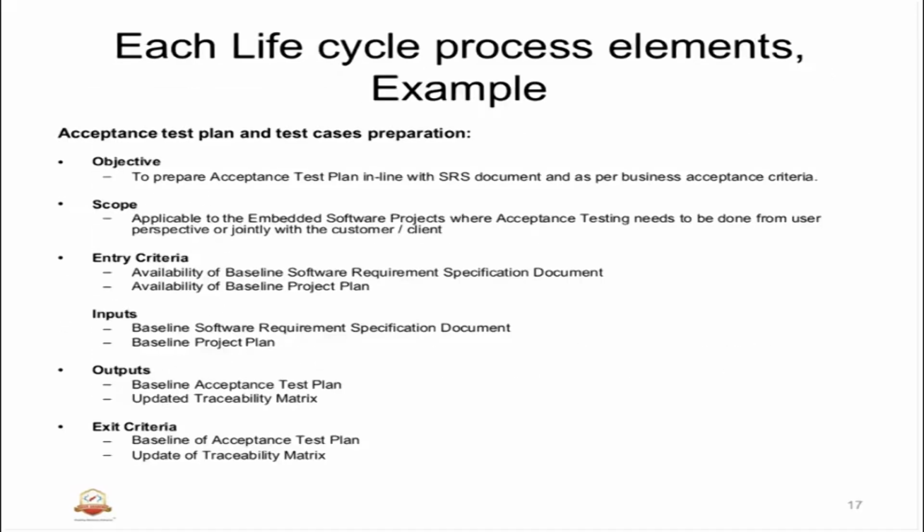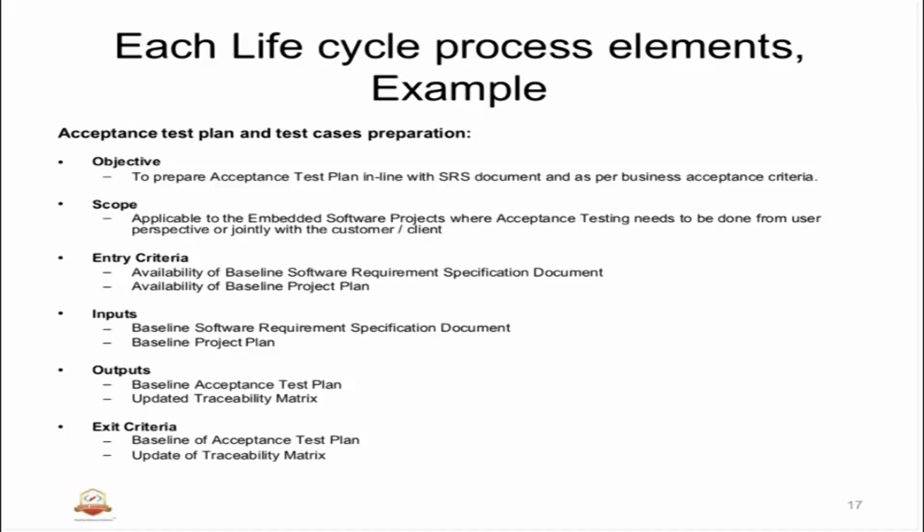Taking an example of acceptance test plan and test cases, we define these main elements. For objective, we say that it is to prepare the acceptance test plan in line with the SRS and as per the business acceptance criteria. Scope is applicable for the embedded software project. You can define a project name, where acceptance testing is done from the user perspective.